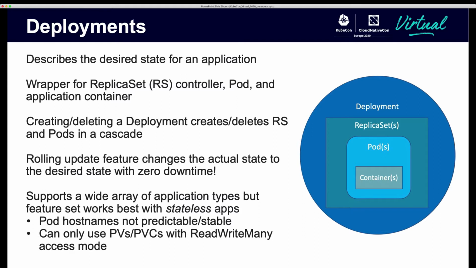Deployments do support a wide array of application types, but really do have a feature set that works best with stateless apps. So pod host names are not really predictable. They have hashes that we can't really predict ahead of time. So talking to an individual or sending client traffic to an individual pod replica is a little bit more difficult.